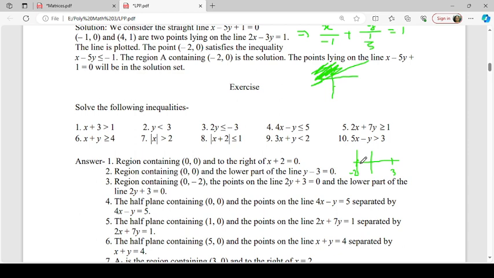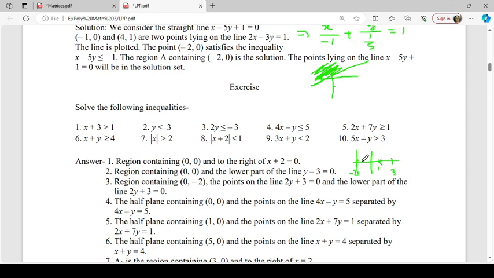This is the line. Then here x plus 3. If x is here, say this is 1, then x plus 3 is this value, to the right of x equal to minus 2.